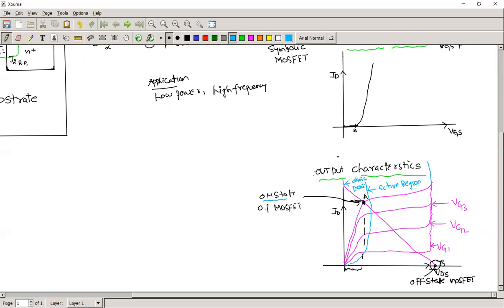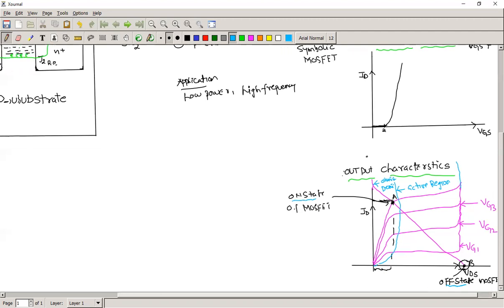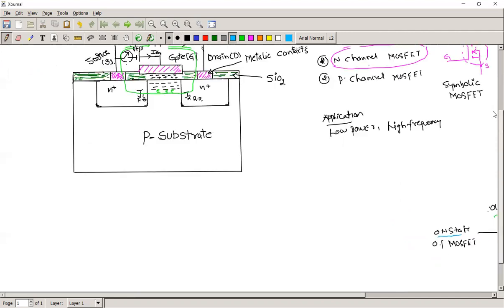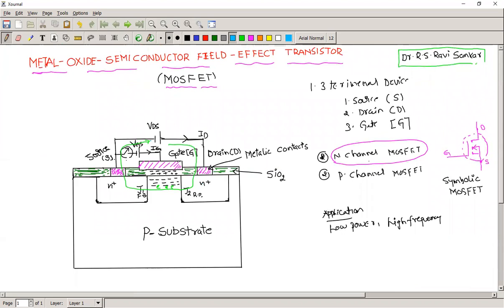What we can understand from this is, if you apply the gate voltage to the MOSFET, for a given voltage between the drain and source, if you apply a sufficient amount of gate voltage, nothing but a trigger voltage, more than the trigger voltage.